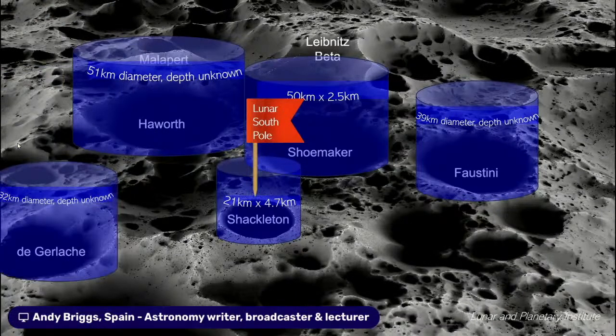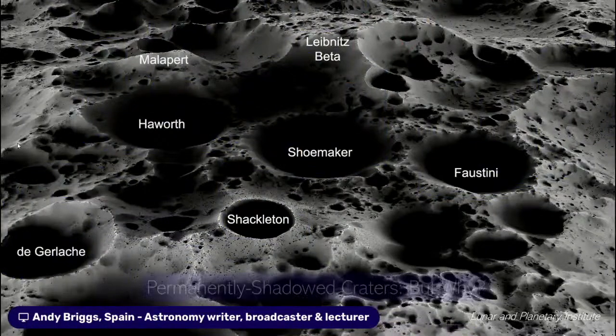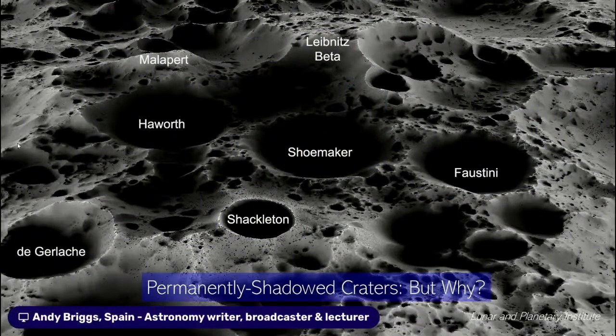De Gerlache, 32 kilometers wide and depth unknown. So you've got some pretty wide craters here, and some very deep ones. You can see the ridges between the craters, making the whole landscape look really mountainous and big. Now, interestingly, a lot of these craters are in permanent shadow.